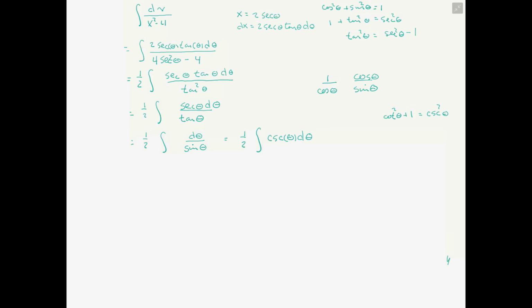We have, if we divide by sine, cotangent squared theta plus 1 equals cosecant squared theta.